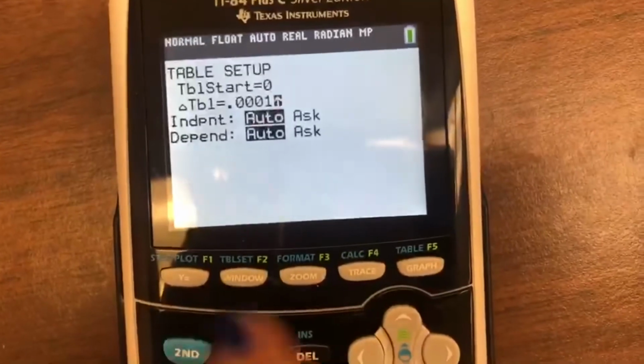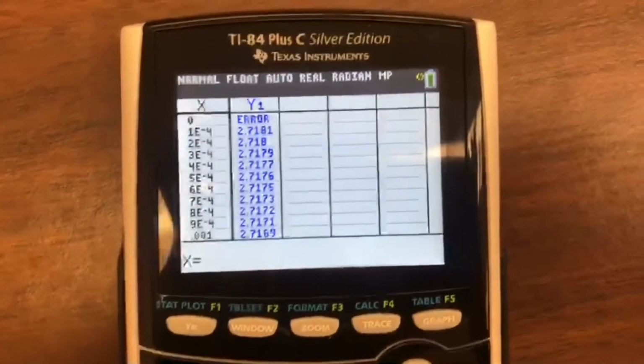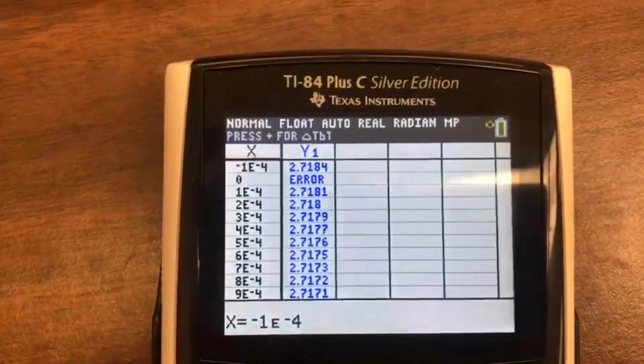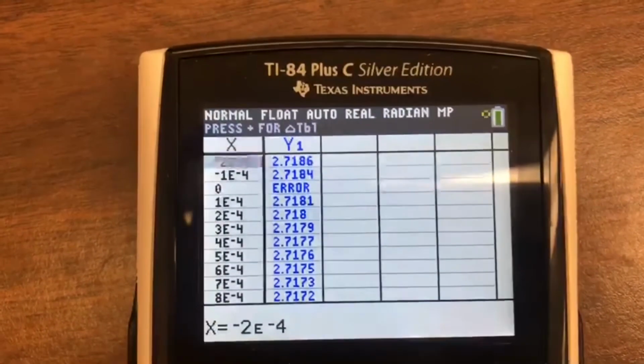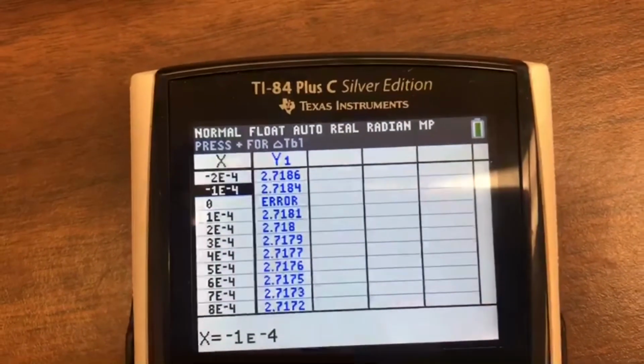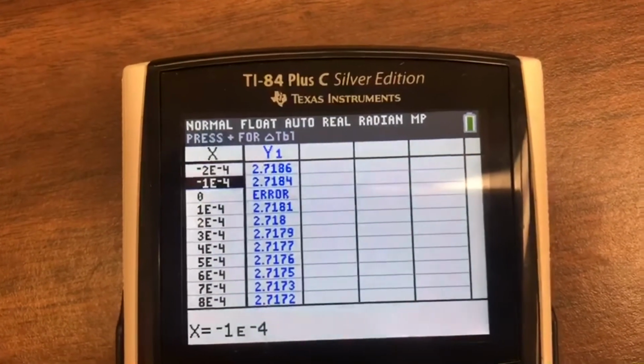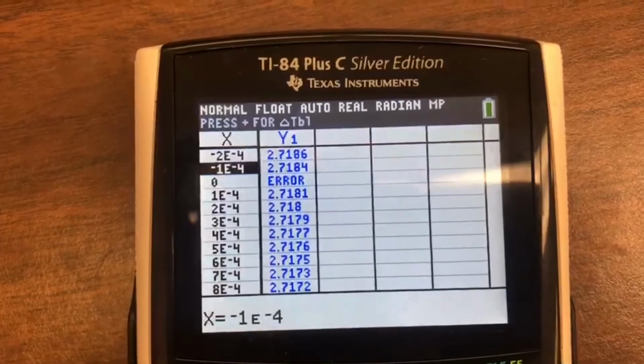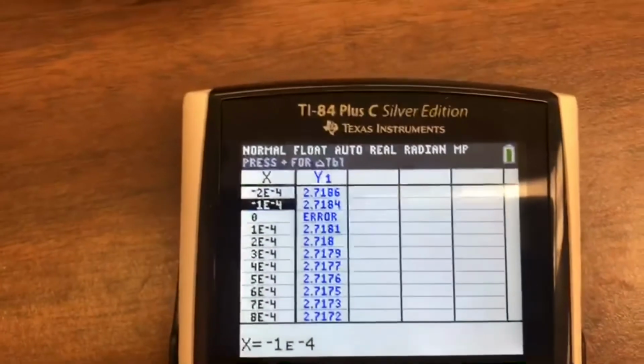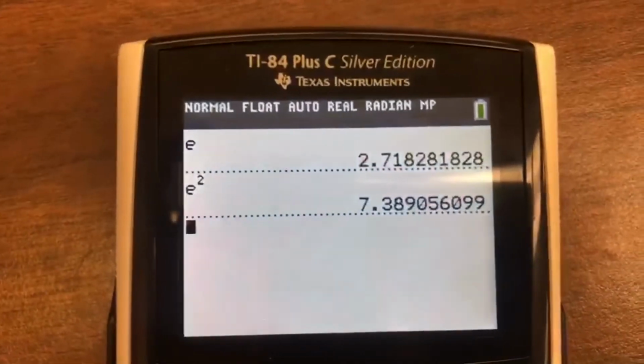And then I go to the table to see what that looks like. Obviously error, but we can see that the closer we get to 0, if we let that h approach 0, our numerical value, our limit, is going to approach e.